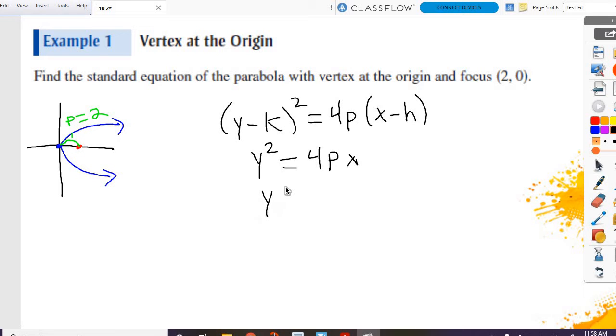Y squared equals 2x? No, I have to put the 2 in the place for my p value. So what does it become? Y squared equals 8x. So be careful, because a lot of people make the mistake of just sticking the 2 in front of it without multiplying by 4. Remember our equation has 4p, not just a p in front of the x. Questions on that?